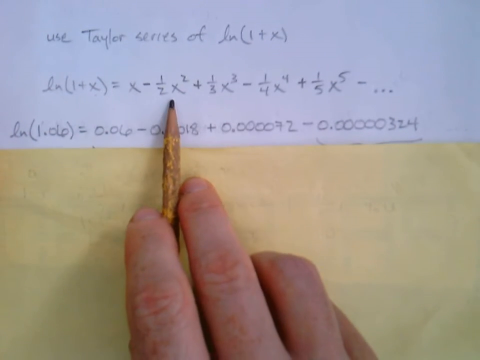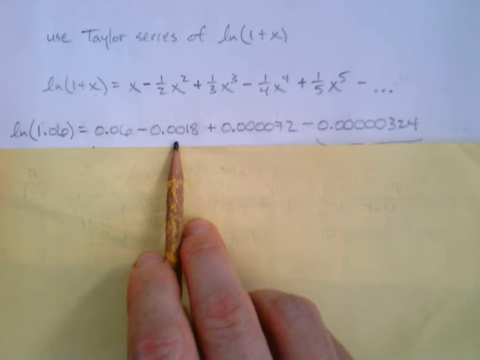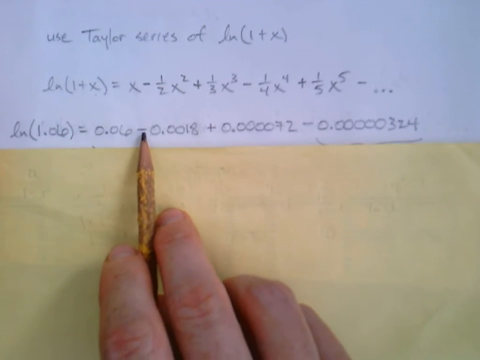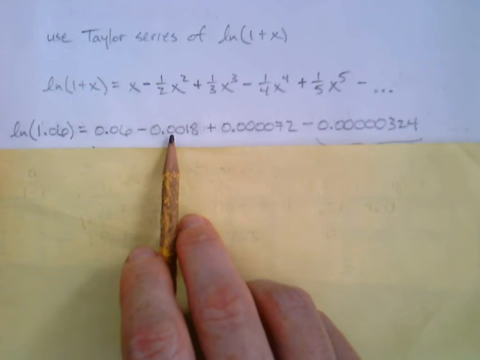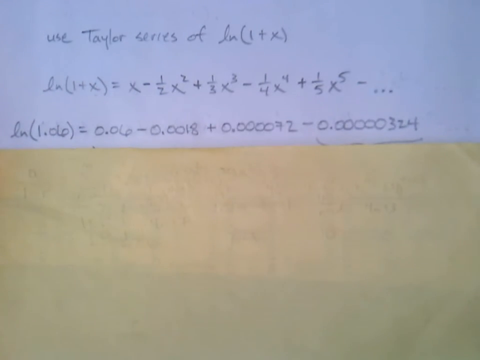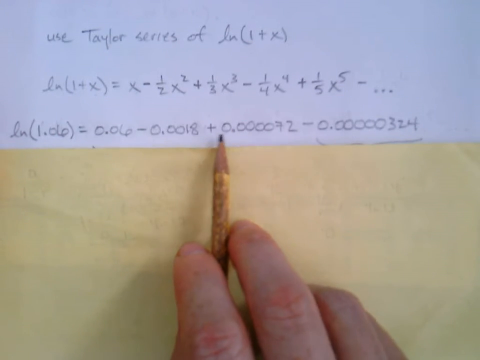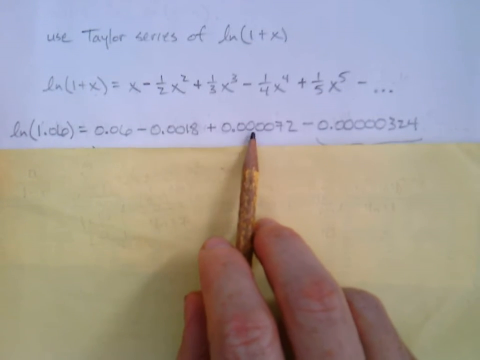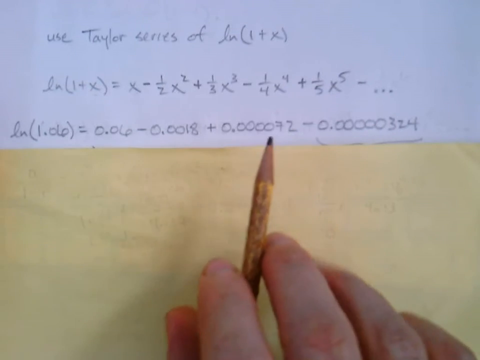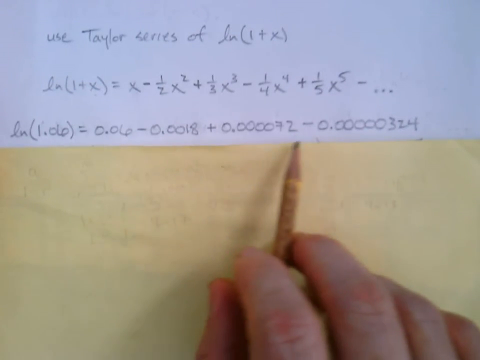So I recommend you confirm that number in your calculator: 1/2 times 0.06 squared, and we're subtracting 0.0018. I put in 0.06 here, plus 0.000072. And then I got one more.